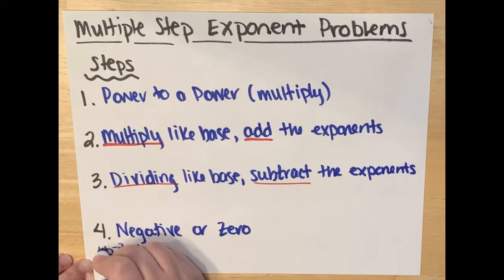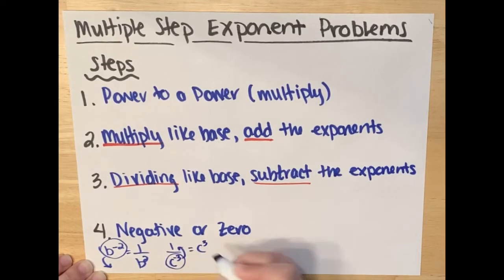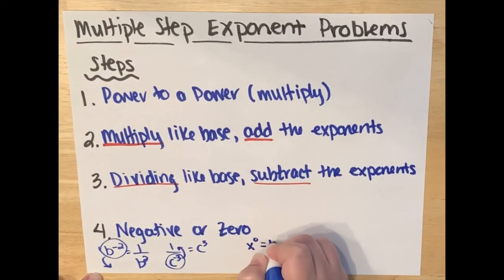So it would move it to the denominator. Or if you had 1 over c to the negative third, since it's in the bottom already, it would move to the opposite direction. So it just changes places within the number. And anything to the 0 power is always equal to 1. So that whole term would change to 1 if you had any 0 exponents left over.